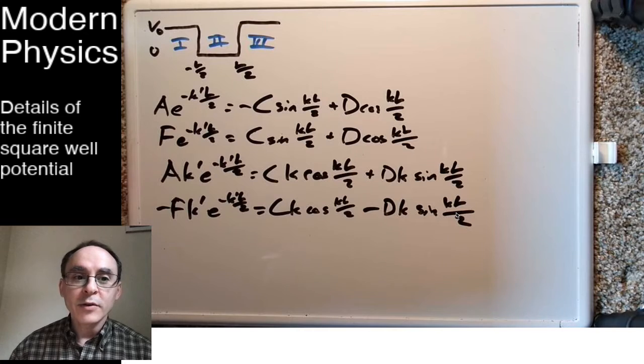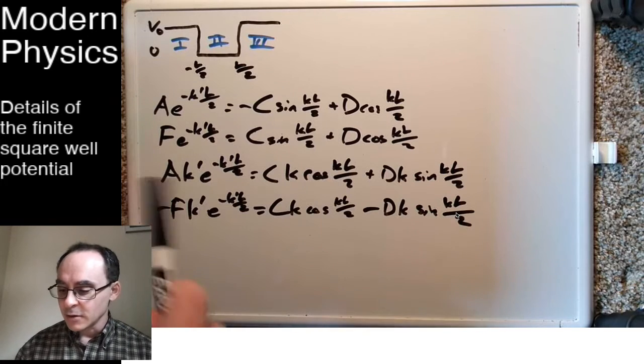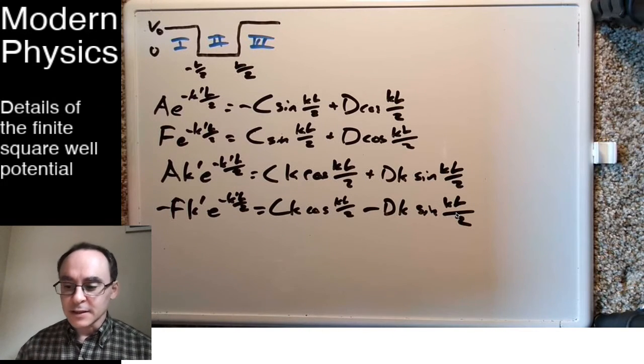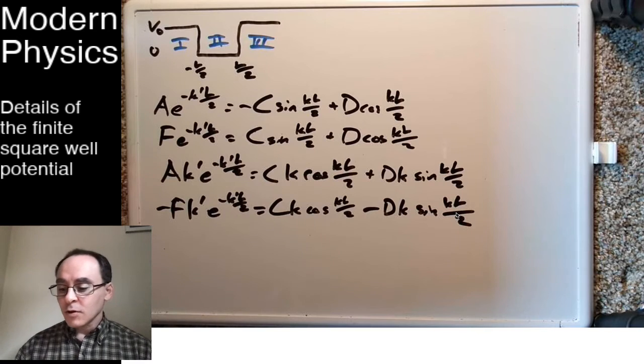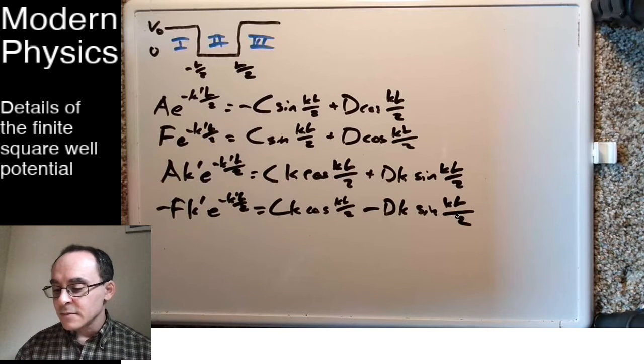Remember, probability is in this case basically just the wave function squared. It's the wave function times its complex conjugate, but here all the imaginary stuff has been moved into the time-dependent part, so we're just dealing with a purely real wave function, and probability is the wave function squared. So our wave function can be either symmetric or anti-symmetric.